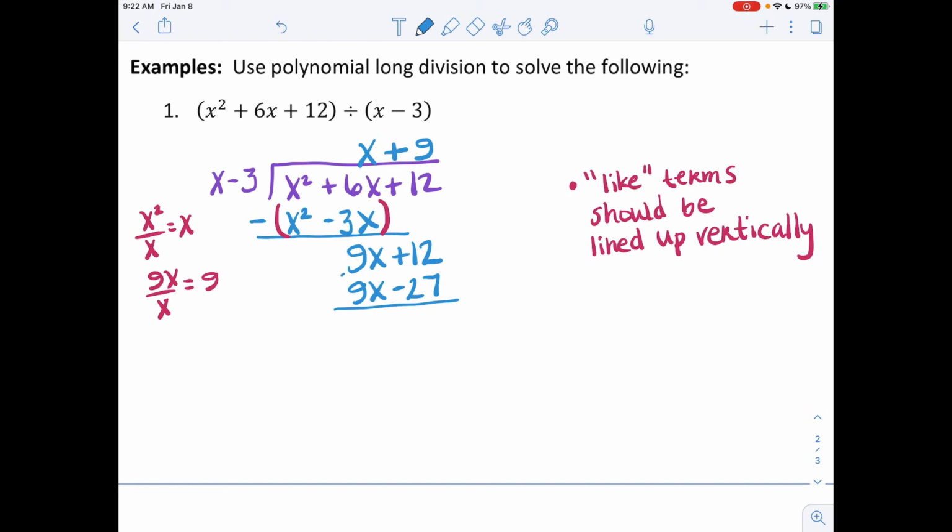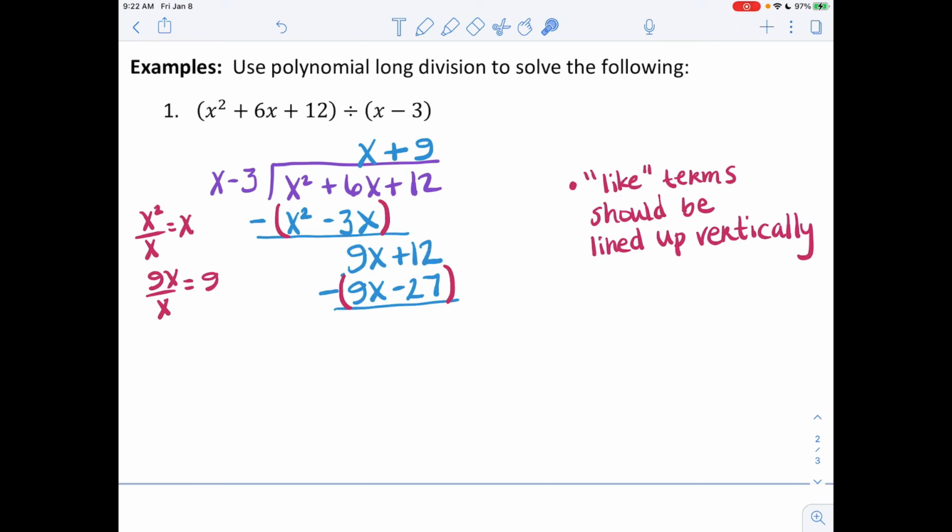Remember to put the subtraction sign out here, the negative sign, but this entire polynomial goes in parentheses to remind us to subtract everything, not just the first term. If we take 9x and subtract 9x, we have a 0.